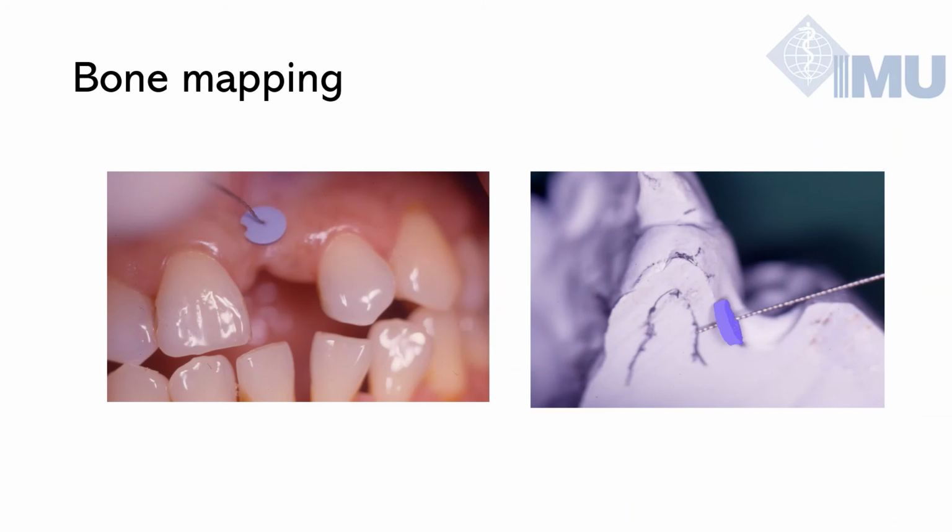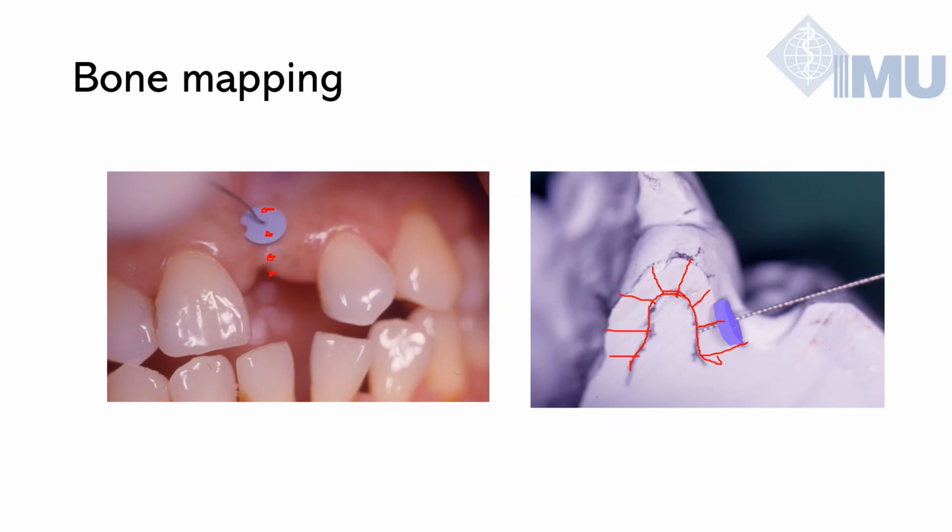Another technique, if you don't have a CBCT available, is to do bone sounding measurements at different levels of tissue thickness. You may give a local anesthesia and pierce the probe to evaluate the actual soft tissue width. Then that soft tissue width you can transfer onto the cast by measuring those particular areas with the help of that specific file.